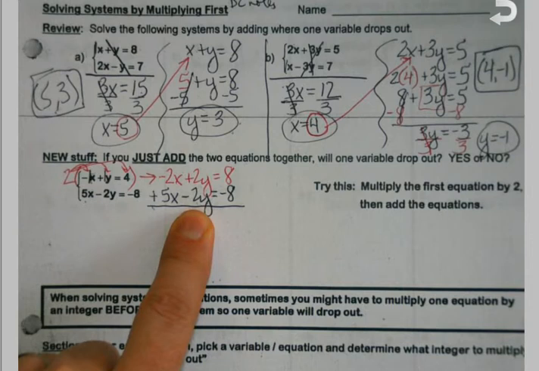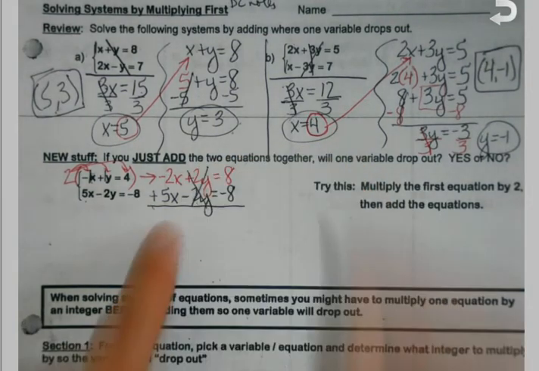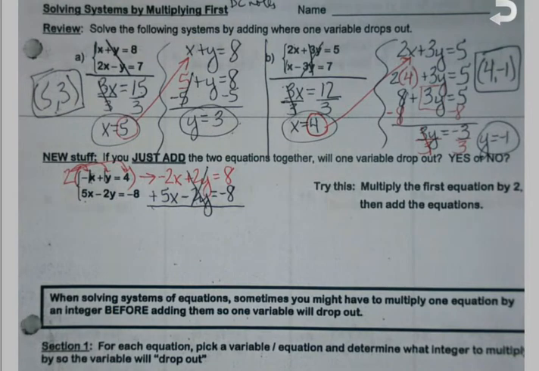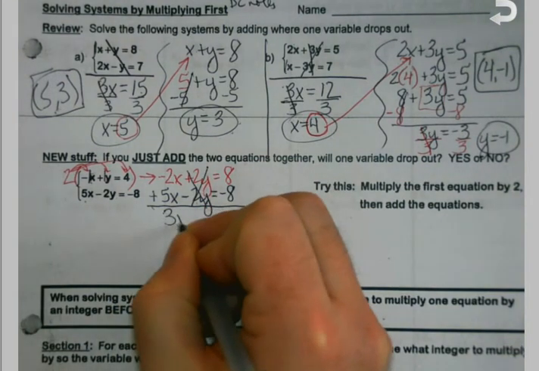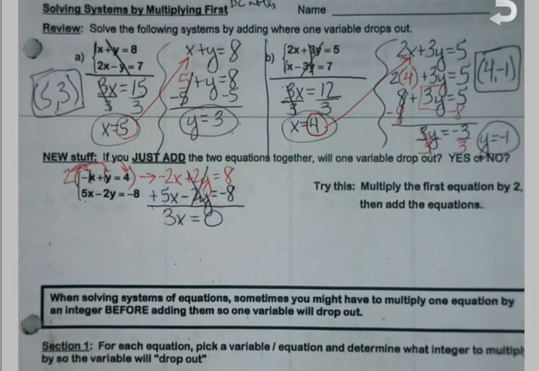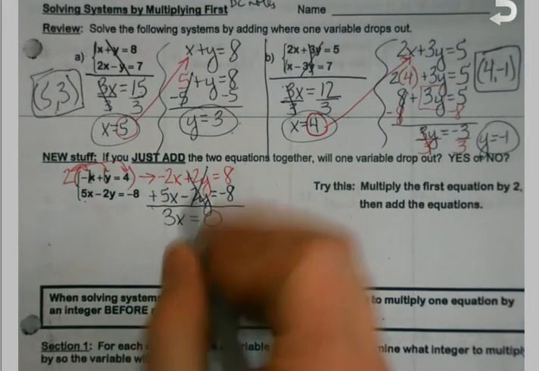Now I've got a variable, my y in this case, positive and negative 2, that cancels. And I did that by multiplying one of my equations. And then I can just add down, and now I'm down to one variable, and life gets a lot easier.